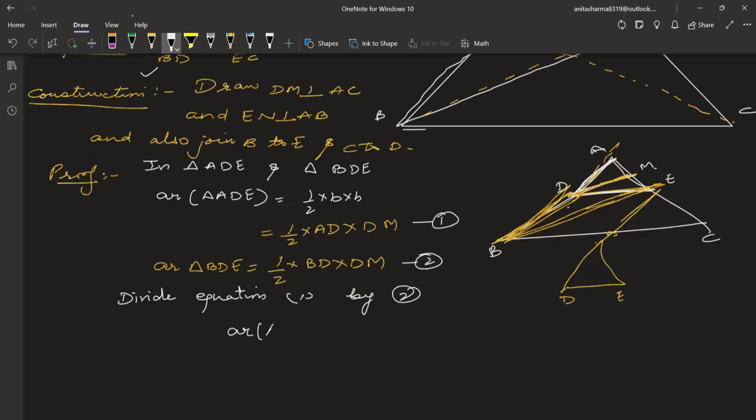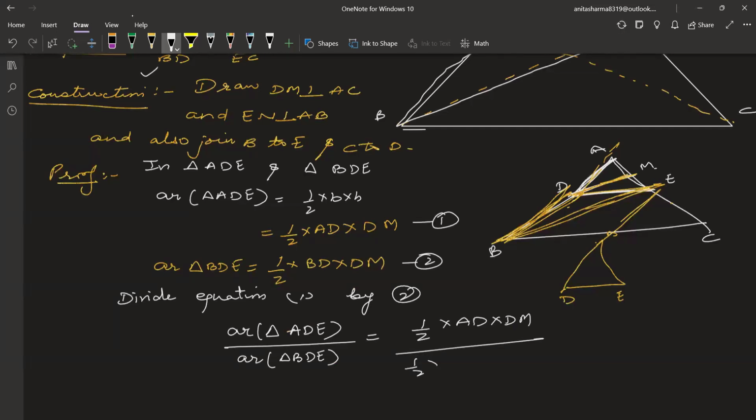So area of triangle ADE divided by area of triangle BDE is equal to half into AD into DM divided by half into BD into DM. Half cancels, DM cancels. So you will get AD by BD.